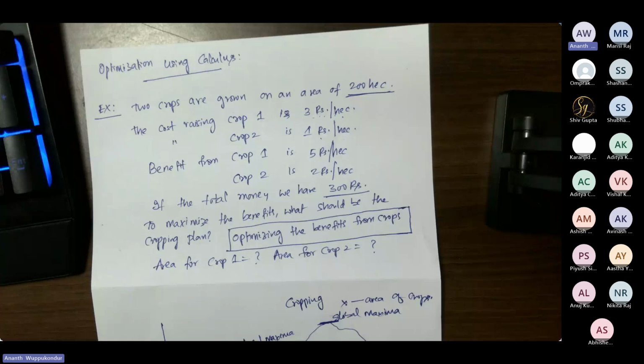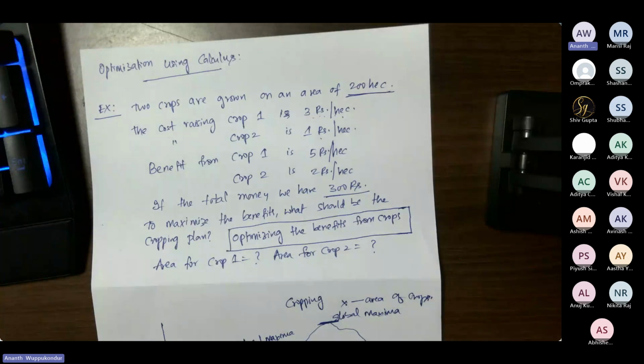When somebody wants to grow these crops, they have certain constraints. For example, the total amount of money they have is limited, and the total amount of land available is limited. Based on these two constraints, we have to provide a solution such that the benefit or the profit is maximum when we grow these two crops.